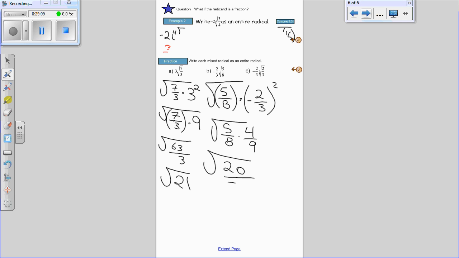So we don't want a decimal. We're always going to avoid decimals. But I heard a few people saying we want to make it the smallest or simplest fraction possible. So 20/72 simplifies to 5/18. Thank you.